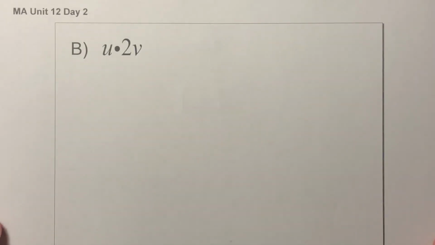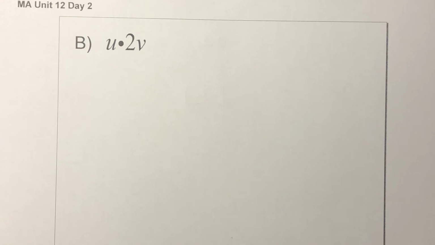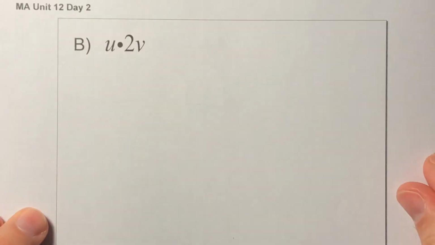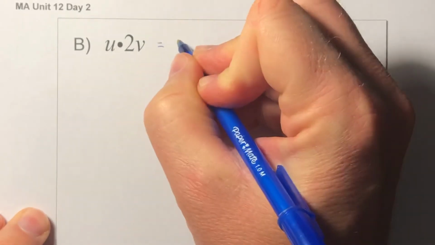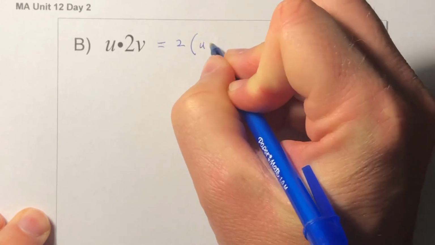All right, here's another one using those same vectors. What we could do here is rearrange this and say 2 times u times v.